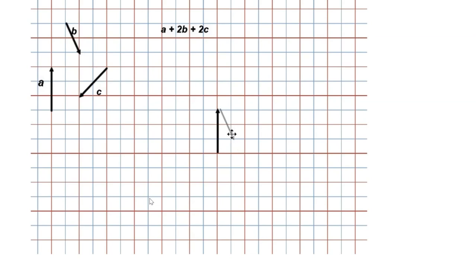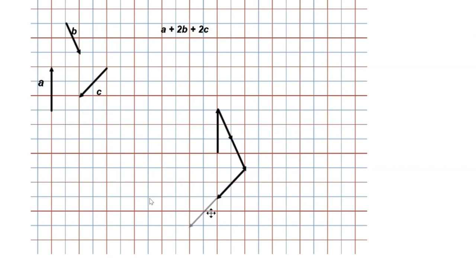There's the B, which is going down and to the right. I'm going to take another B and put it on the head of that one. Then I'm going to take 2 C's. So that's C number 1, and this is C number 2.